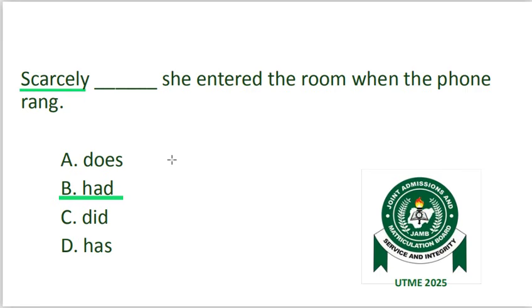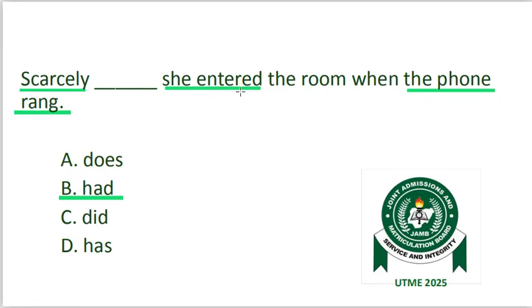Another way to look at this sentence is the fact that she had entered the room before the phone rang. In English, whenever we have two actions, one occurring before the other, the first one to occur is expressed in the past perfect tense. It does not matter whether it occurred 2 minutes or just 1 second before the last one.